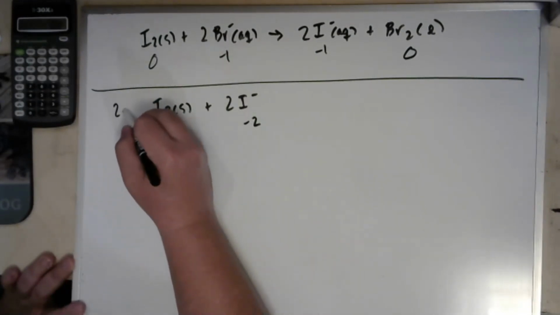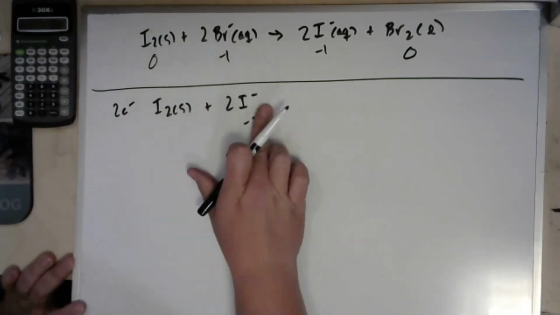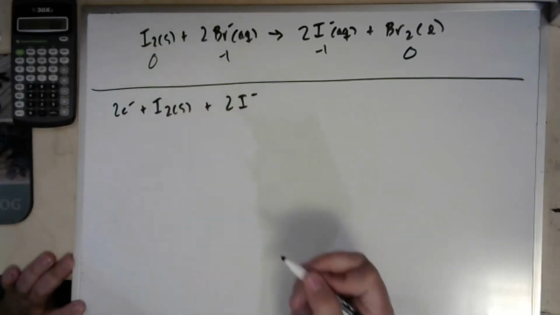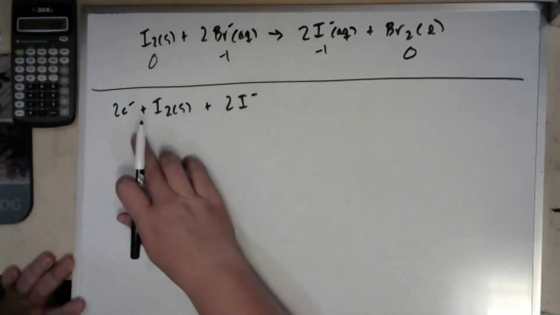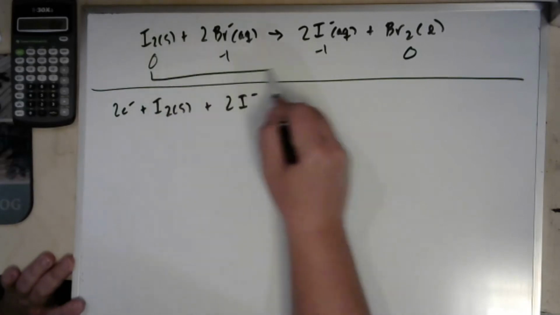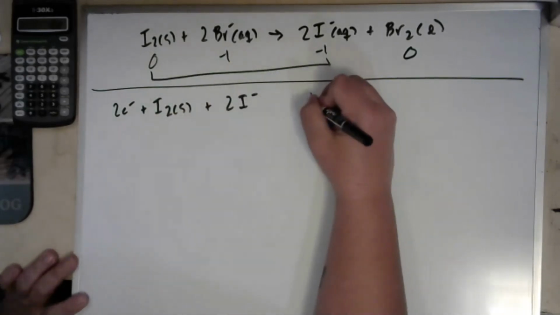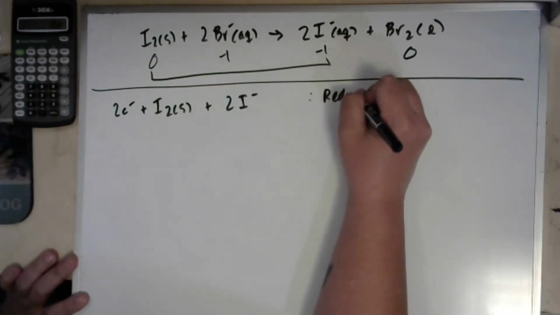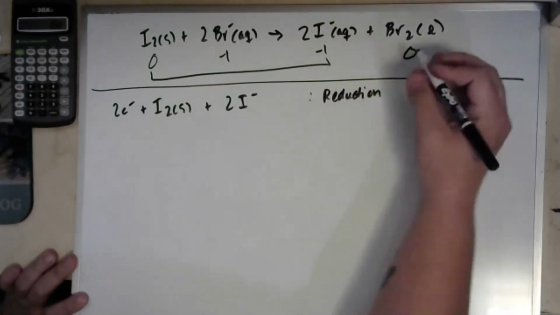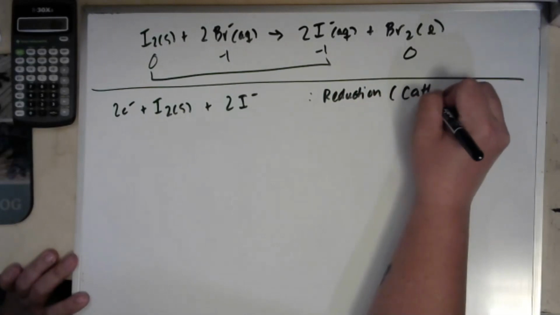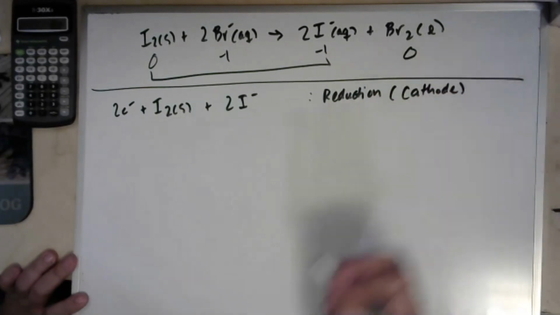That means that I had 2 electrons over here. Okay. This I already said, I'm going from 0 to -1. This is going to be my reduction half reaction. Or I can write that right in as my cathode half reaction.